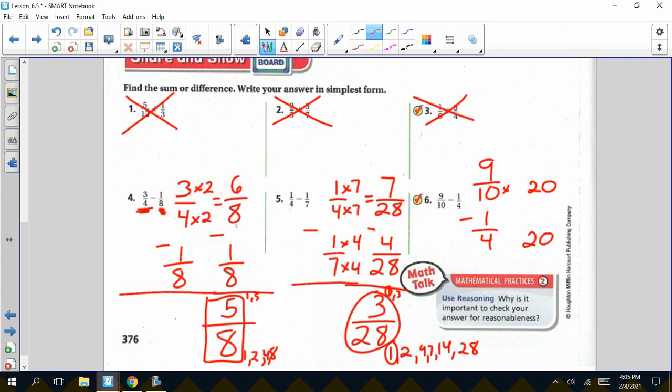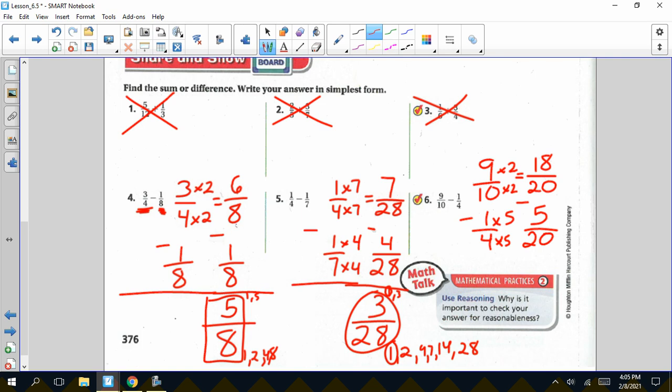We do 10 times 2 to get 20, so I have to do 9 times 2 to keep it equivalent, and that gives me 18. We do 4 times 5 to make 20, so we have to do 1 times 5 to keep it equivalent.